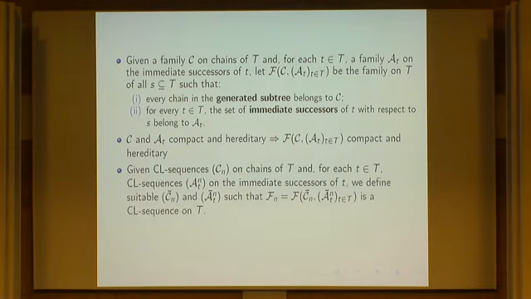And then the tricky point is to prove that whenever I have a CL sequence on chains of T, and I have CL sequences on sets of immediate successors of each node of the tree, then I can find a CL sequence on T, meaning on the cardinality of T, on the set of the nodes when I see this totally ordered.